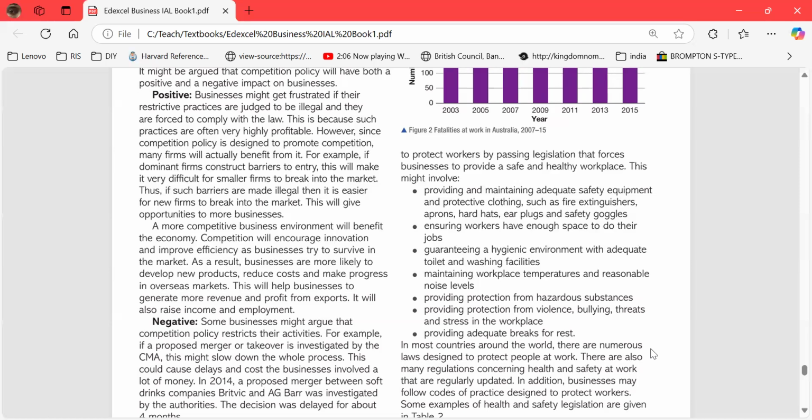Rana Plaza was a building, and in that building there were maybe 5 to 6 garment factories, manufacturing firms producing garments, and these orders were from multinational companies. But the building was in a very hazardous situation. It was not safe for the employees, but still the employees were pushed.